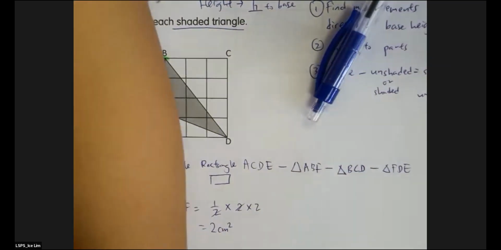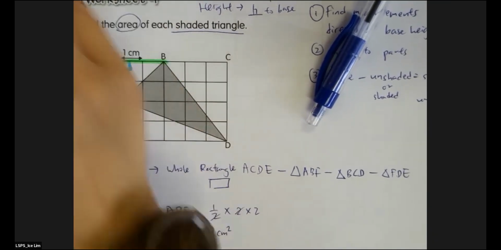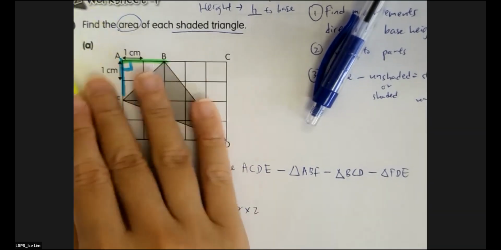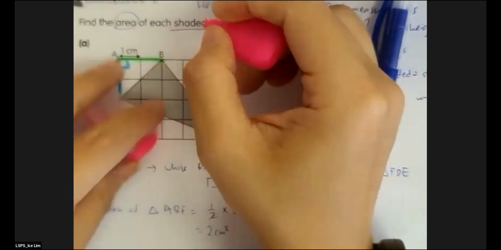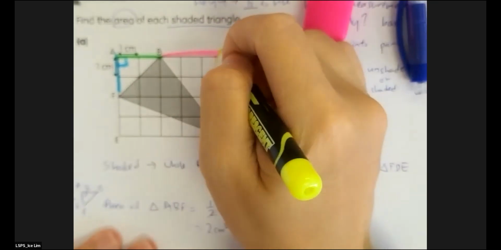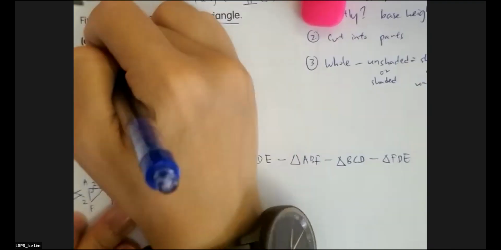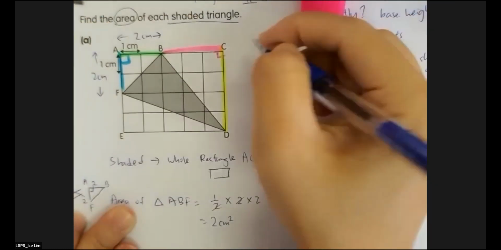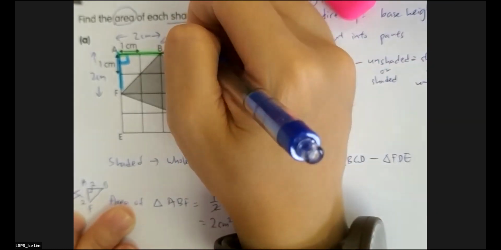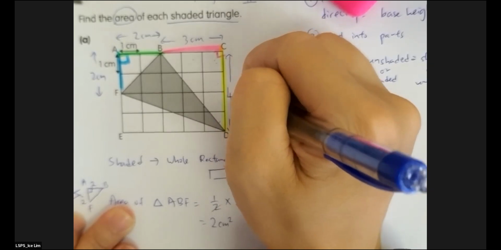Then I go to the next triangle. Let me use another color. I go to this one here, find the right angle. Okay, so this is 2 centimeter by 2 centimeter. This is 1, 2, 3. 3 centimeter by 1, 2, 3, 4. 4 centimeter.